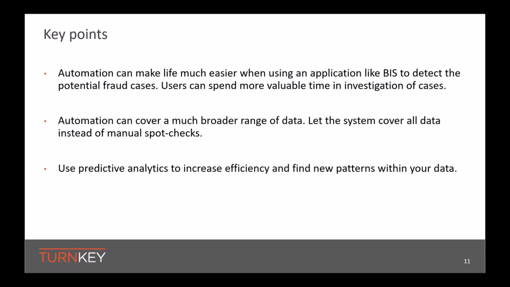This can also be done by the system, and the user can spend more valuable time on the investigation of the cases. Also, the automation can cover a broader range of data, including more different data sets or fields, as we saw during the predictive analytics demo. And instead of doing spot checks, EIS can cover basically all of the data.